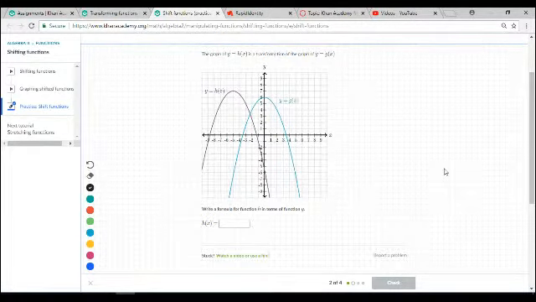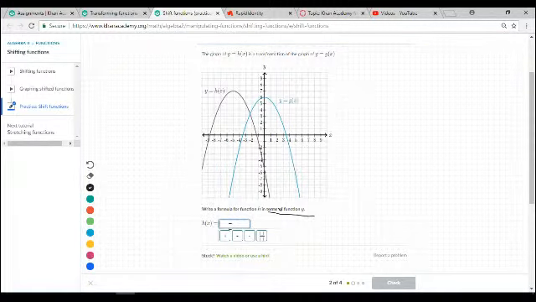Now, we have y equals g of x and y equals h of x. Write function h in terms of function g. So we have to start with g of x. We start with g of x and we look for the shifts.